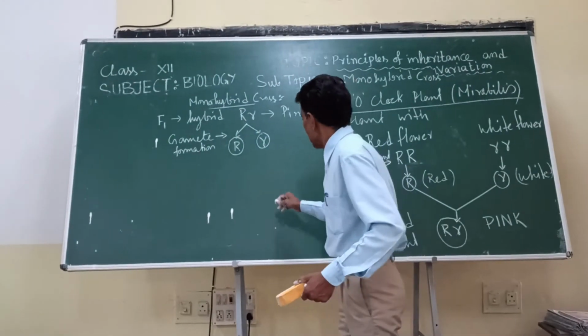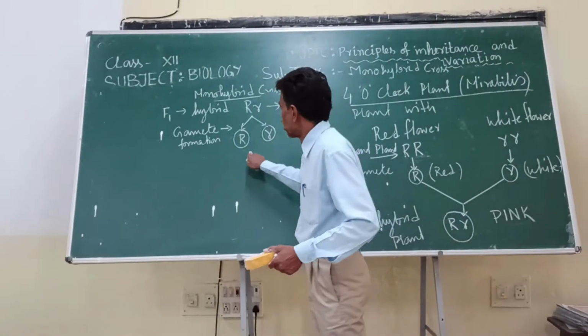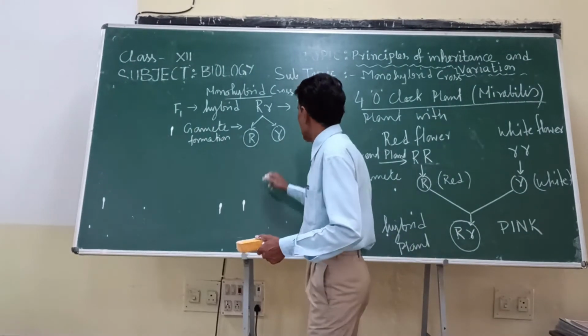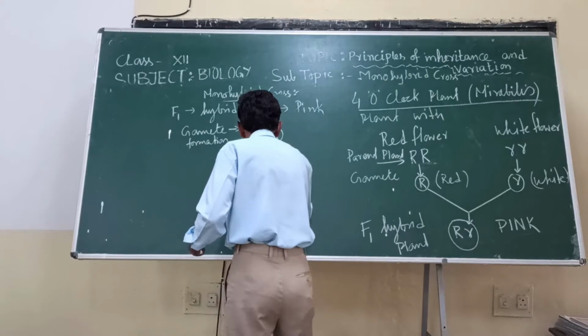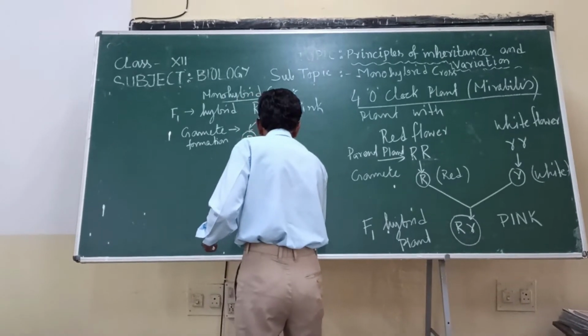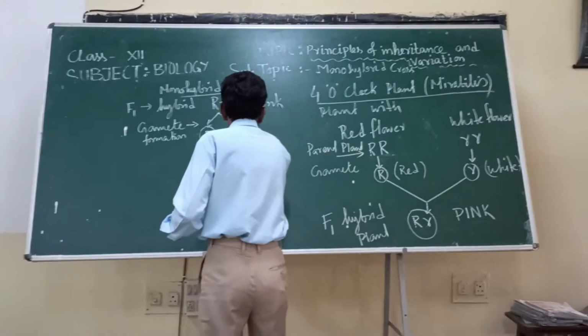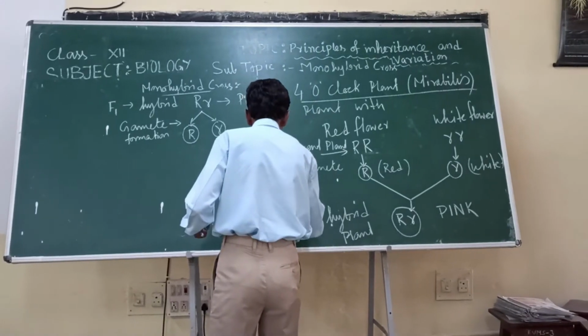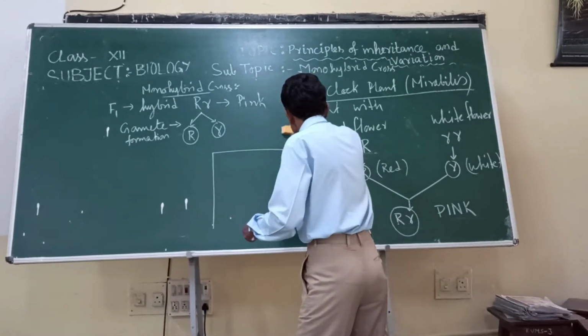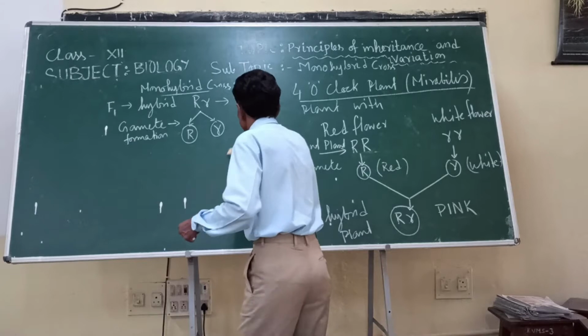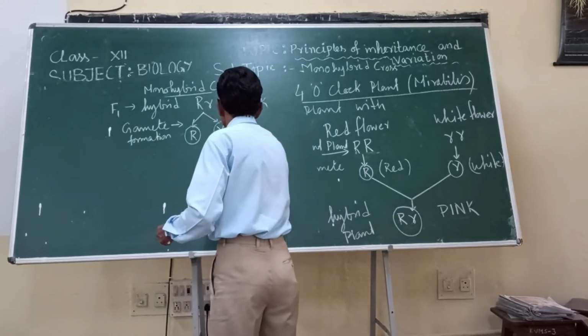Now, when these gametes of the F1 hybrid are taken in a Punnett square for the breeding experiment, let me make it a little bigger here, the Punnett square.